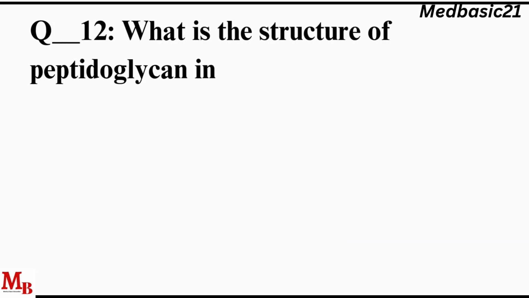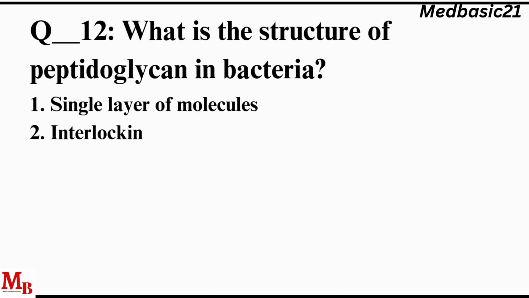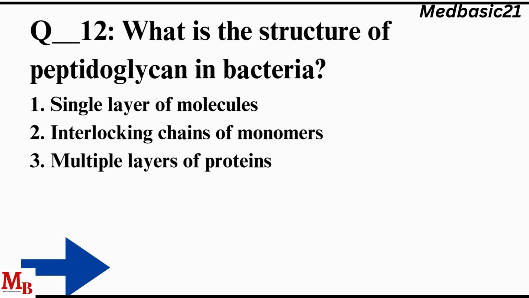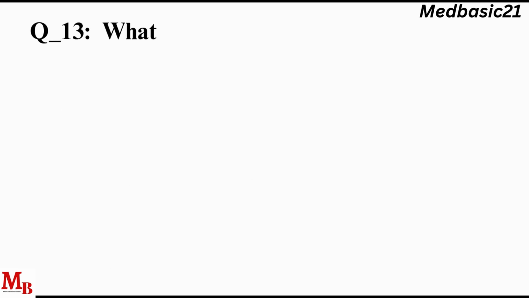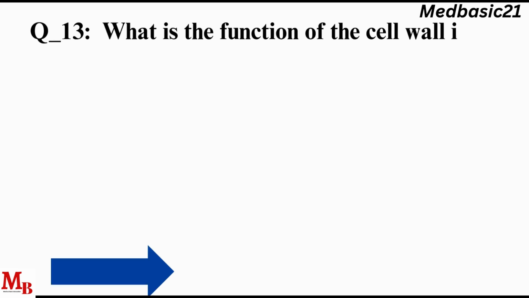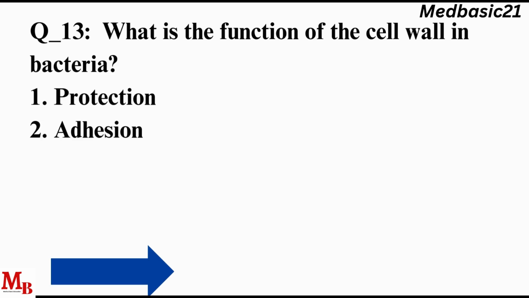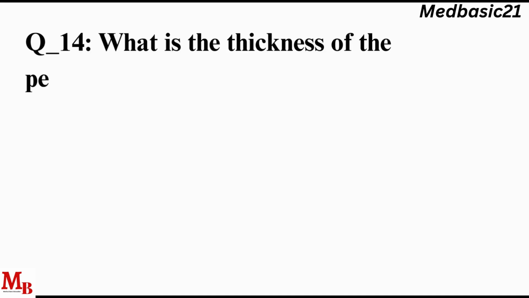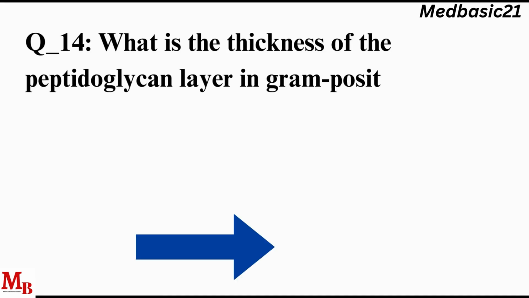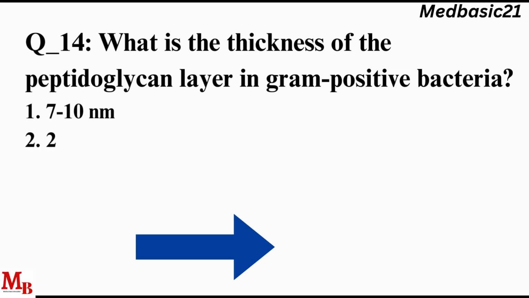What is the structure of peptidoglycan in bacteria? Answer: interlocking chains of monomers. What is the function of the cell wall in bacteria? Answer: protection.